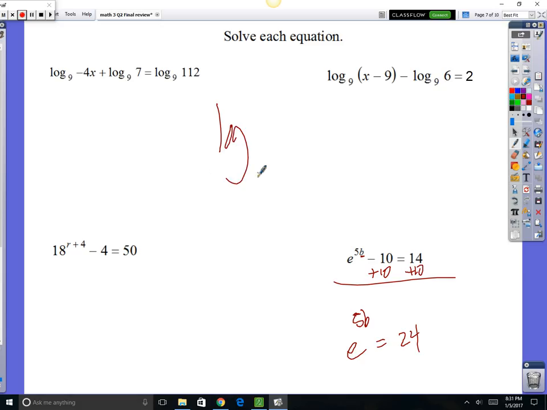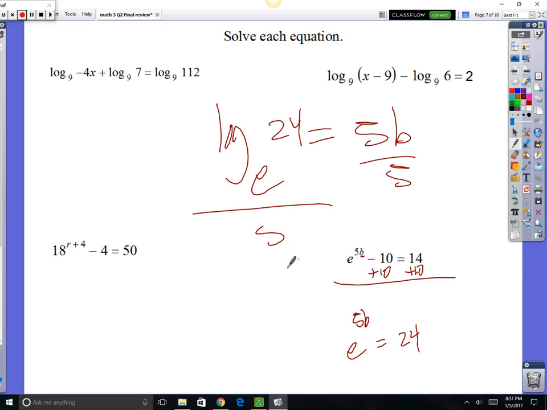So it's going to be log base e of 24 equals the exponent, which is 5b. Do this on your calculator, log base e of 24. Hit enter, and then divide that by 5. Divide whatever that decimal is by 5. And you should get b is equal to like 3.178-ish, somewhere around there.